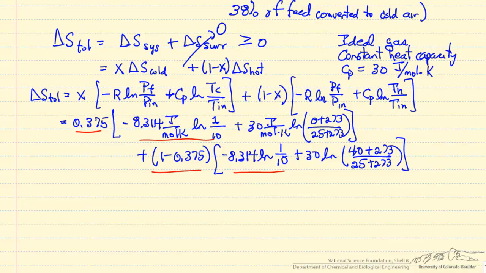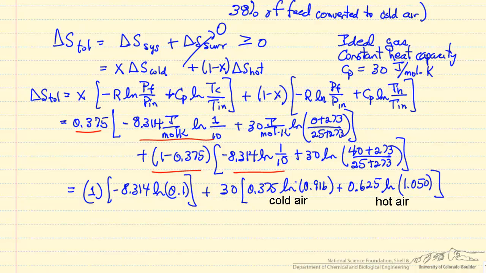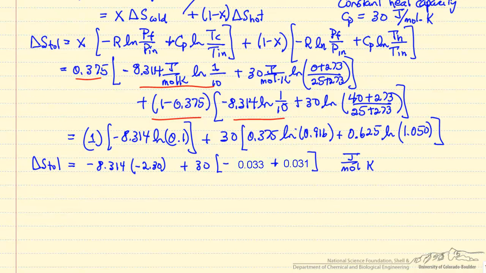So when we add those together, it's 1 times minus 8.314, the log of 0.1. And then we can factor out the heat capacity and have a term. So now I've written the terms: the heat capacity and the two log terms, where I divided the temperature ratio. So now I just need to do the math to calculate these terms.